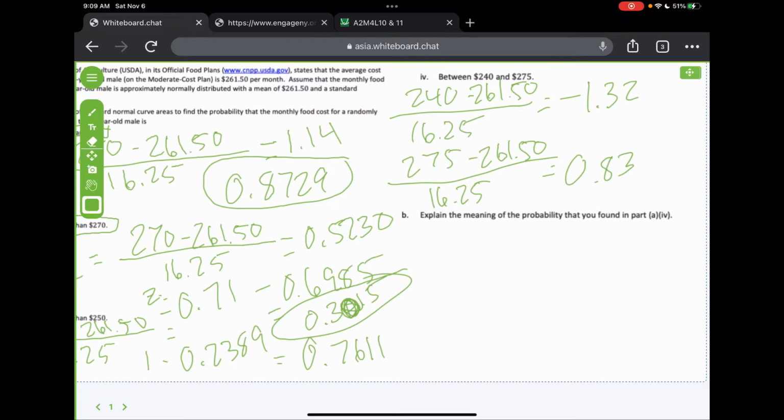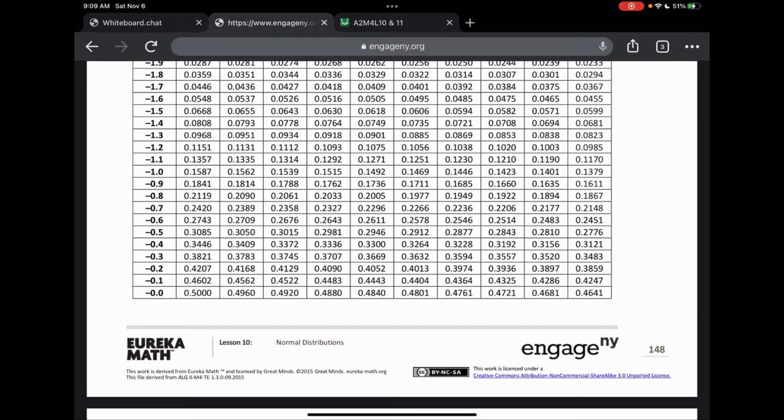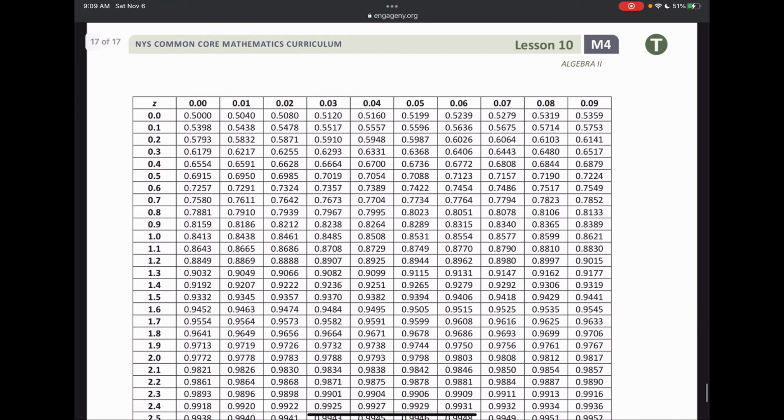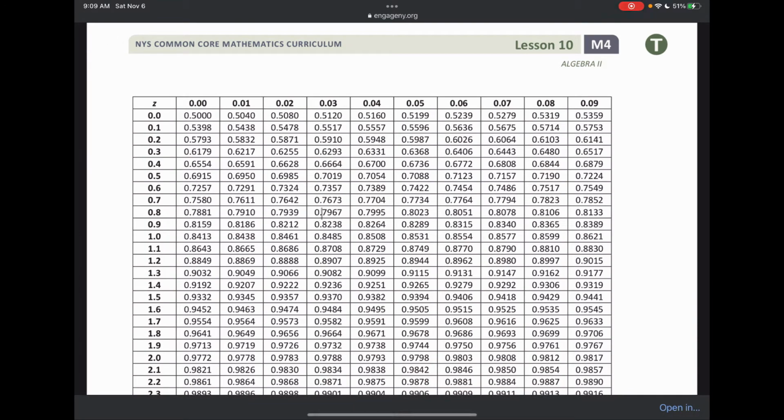Okay? Now, those are z-scores. So let's find the actual probability here, and then we can subtract it. Okay, let's start with positive 0.83. It's going to be right here.